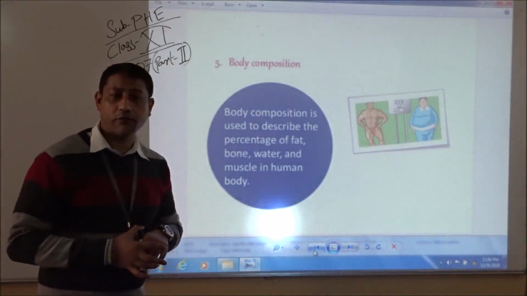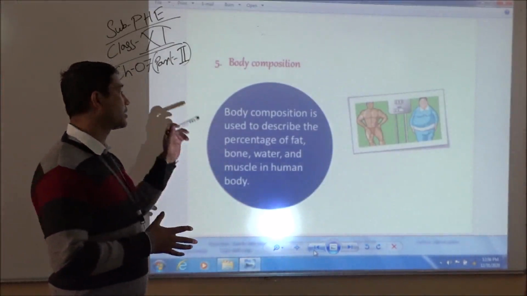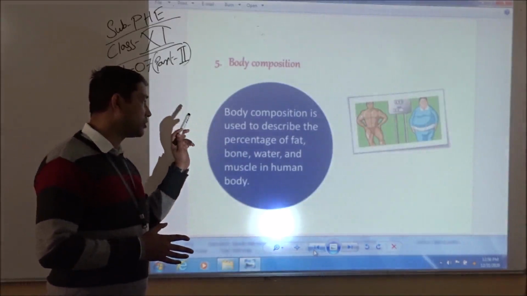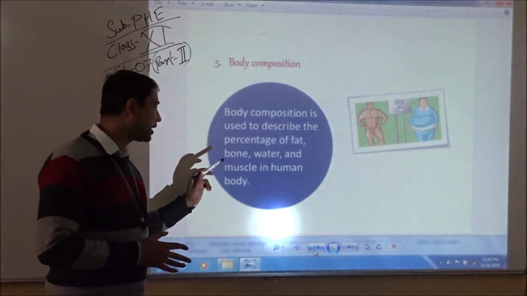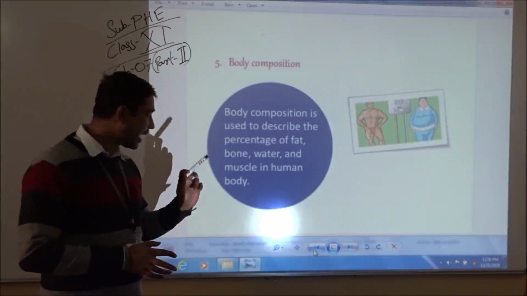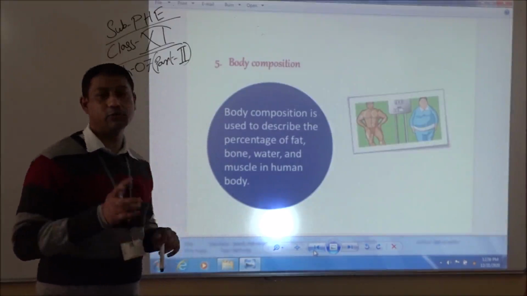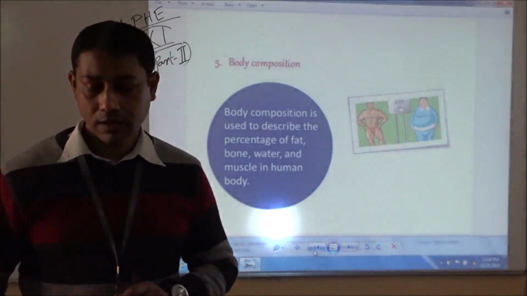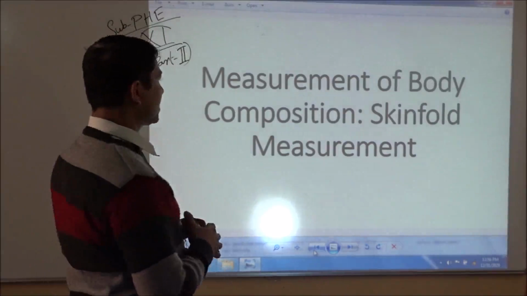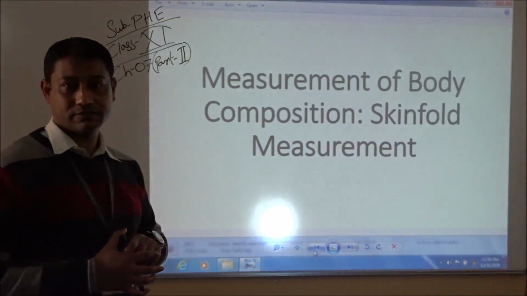The fifth component of health related fitness is body composition. Body composition is used to describe the percentage of fat, bone, water and muscle in the human body. Now how to measure body composition?